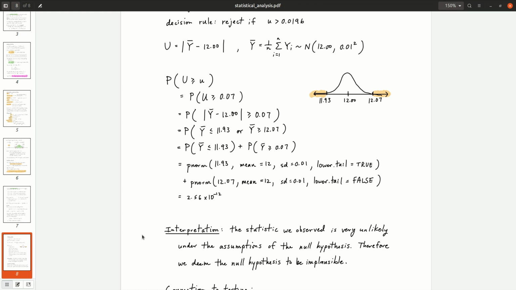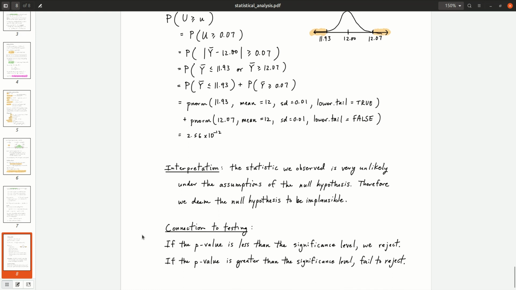If something really unlikely occurs according to your assumptions, a reasonable thing to do is to question those assumptions. It's true that unlikely things occur sometimes, but it's also true that sometimes your assumptions are wrong. So it's certainly reasonable to question your assumptions if you observe something that is very unlikely under those assumptions.